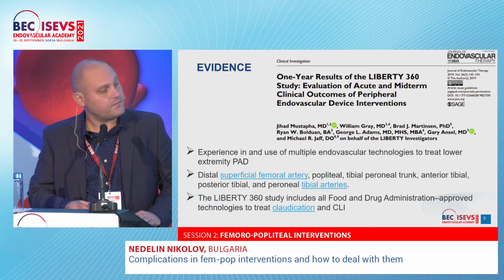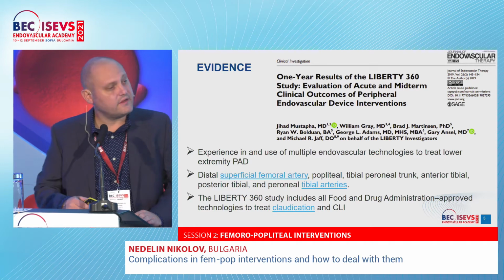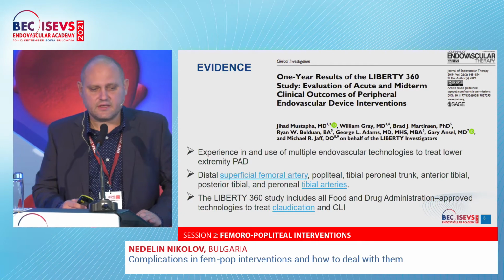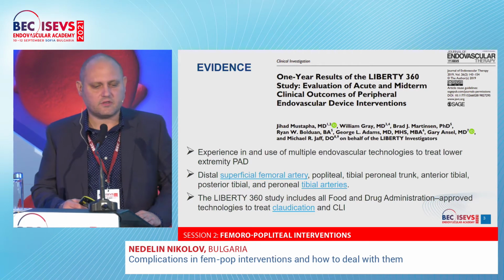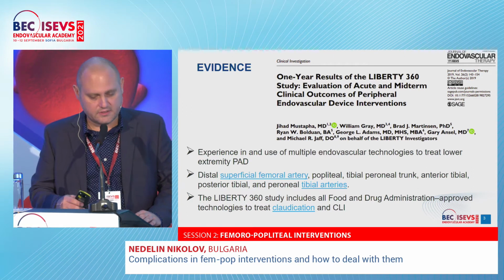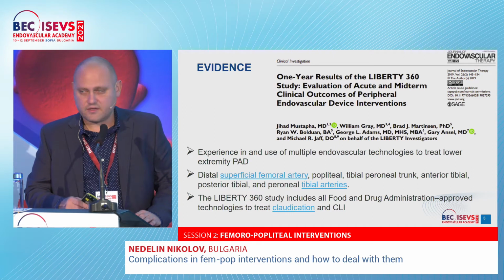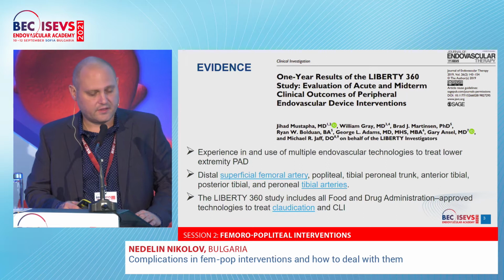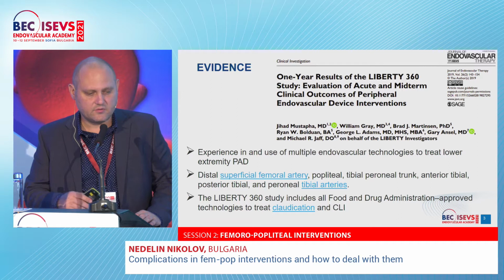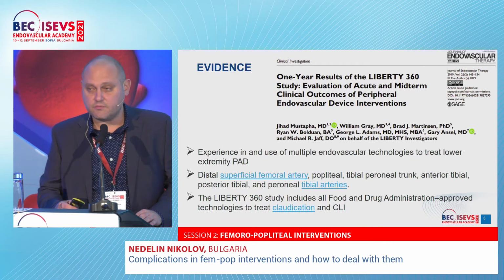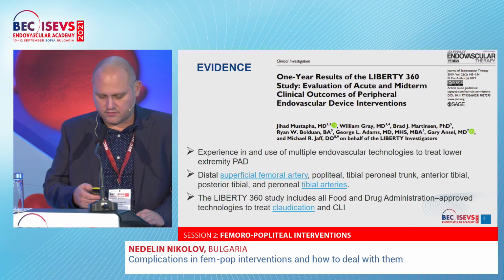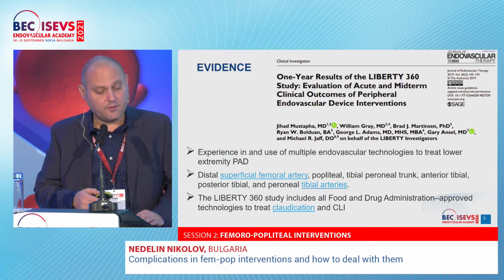One of the inclusion criteria was experience in and use of multiple endovascular technologies to treat lower extremity PAD. The arteries of interest are distal to the superficial femoral artery, and Liberty 360 includes all Food and Drug Administration approved technology to treat claudication and CLI.